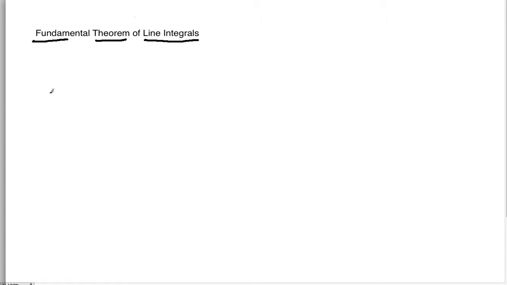In general, we think of a vector field F of x, y, and if you want, you can put a z in there as well. But we'll just do a two-dimensional one. It's easier to draw.